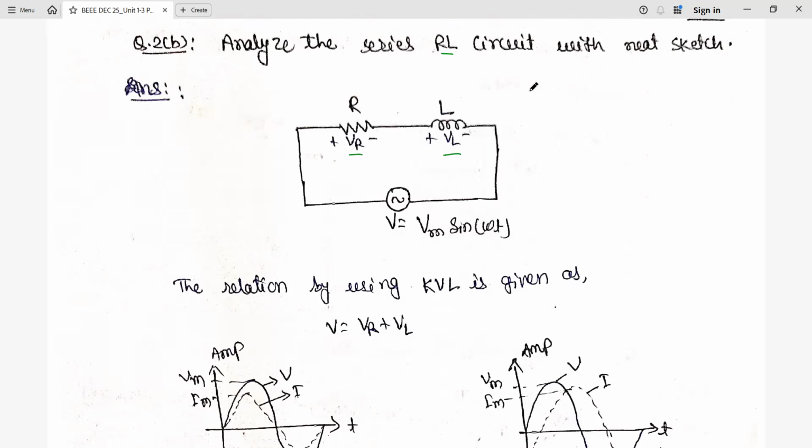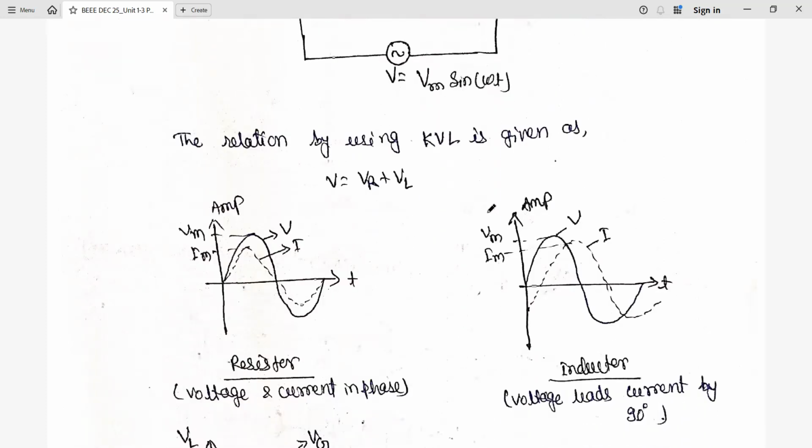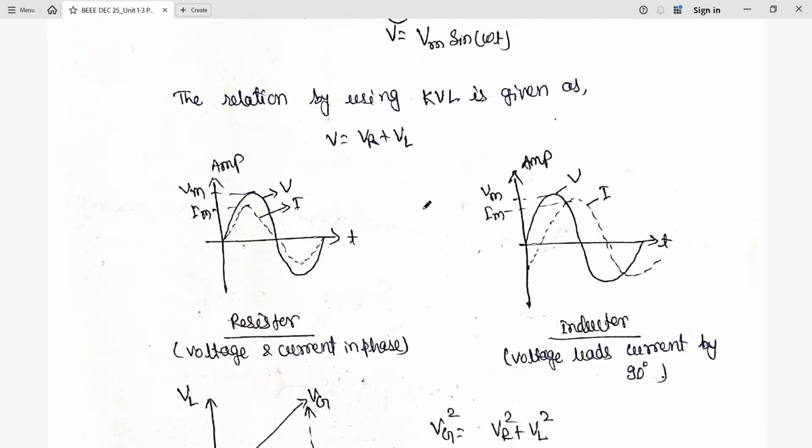The reactance of the inductor is XL, that is j omega L, and the resistance is R. Finally, by using KVL, V equals VR plus VL, where V is the source voltage. In case of resistance, current and voltage have the same phase, so there is no phase shift between voltage and current for the resistor.